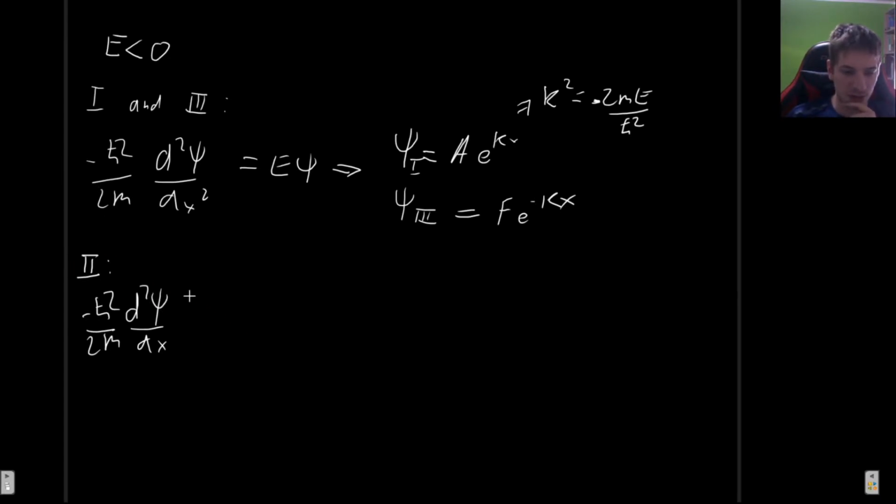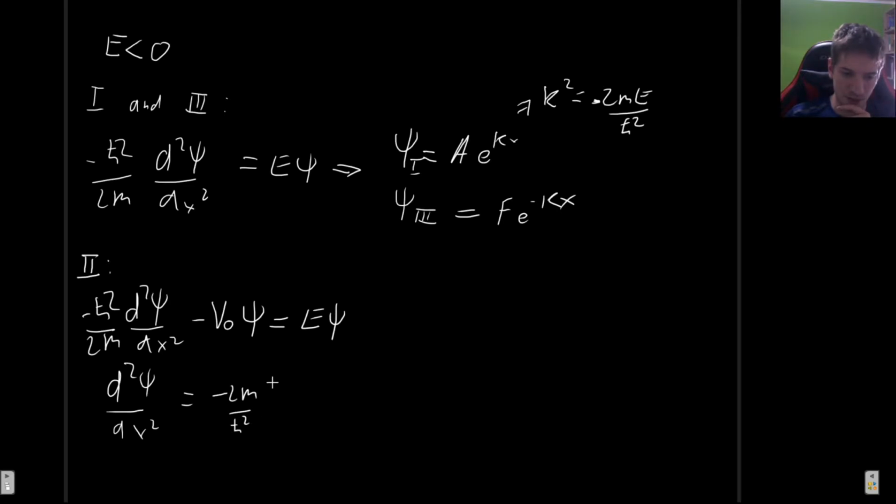In this region, it's actually minus V0 psi, and this is equal to E psi. So now we isolate this second derivative as we always do. So it's going to be d squared psi dx squared equal to minus 2m divided by h bar squared times E plus V0, times psi. Okay, so this is our equation now.